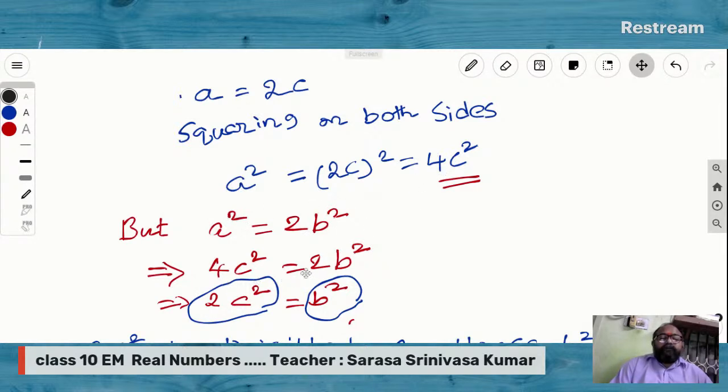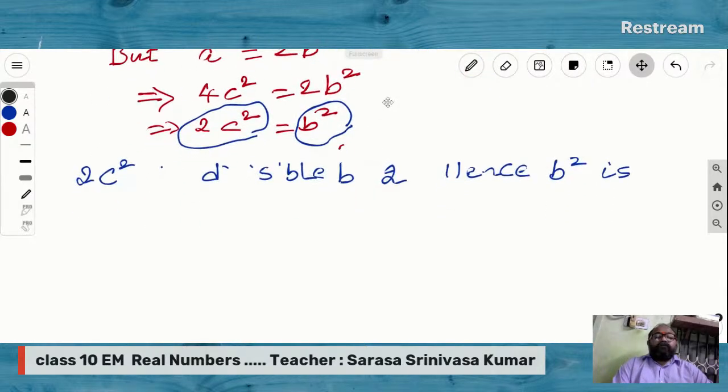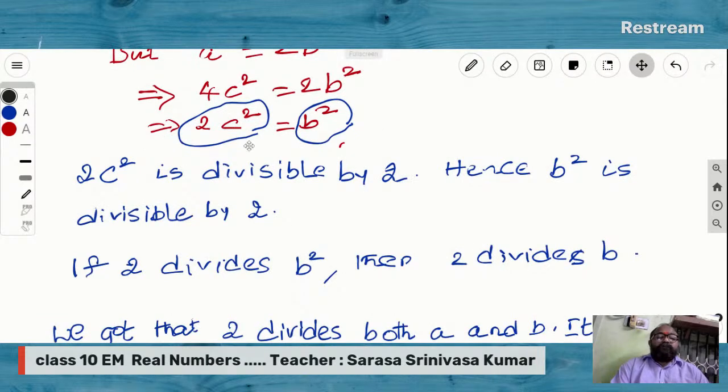Now, 4c square equal to 2b square. On cancellation, we get 2c square equal to b square. Here, 2c square is divisible by 2. Hence, I can conclude that b square is divisible by 2. This is because 2c square is equal to b square.